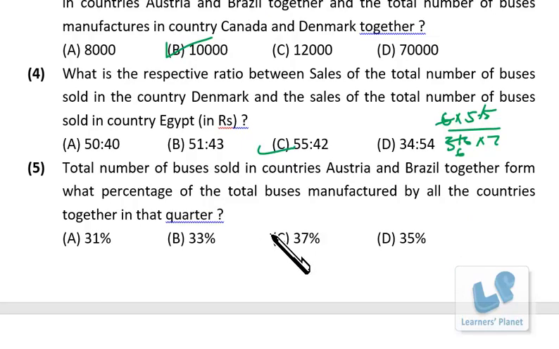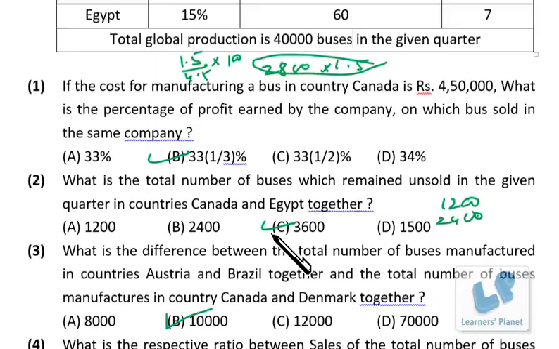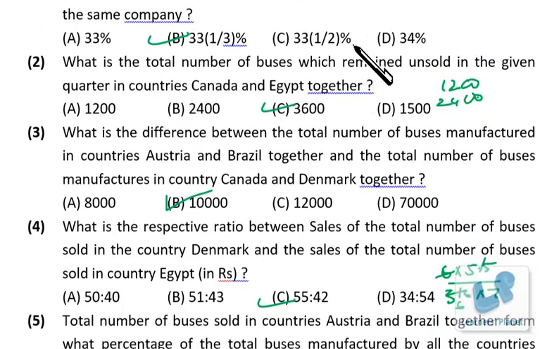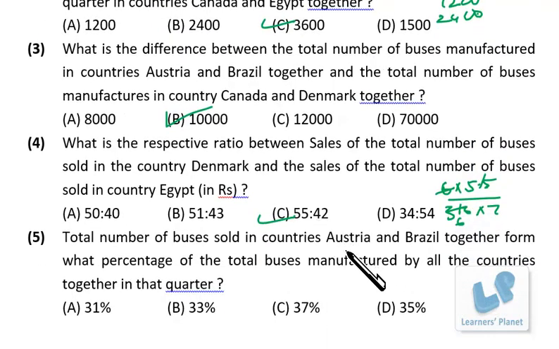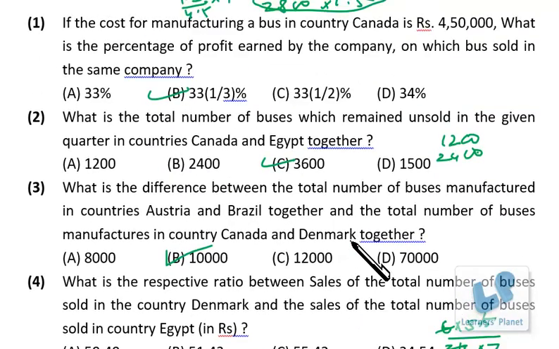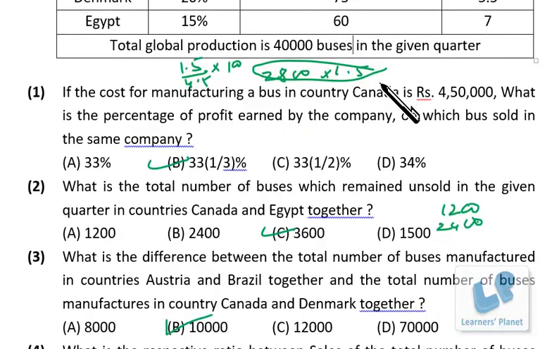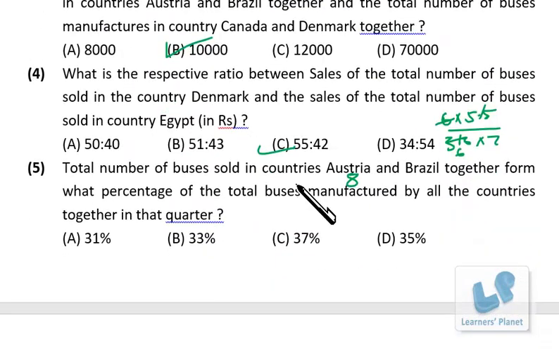So total number of buses sold in country Austria: 10,000 and 80%, so it's 8,000. Okay, and Brazil is 12,000 and 6,000. And in the denominator, total sales, so that is 8 plus 6.